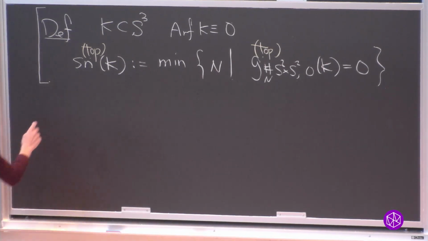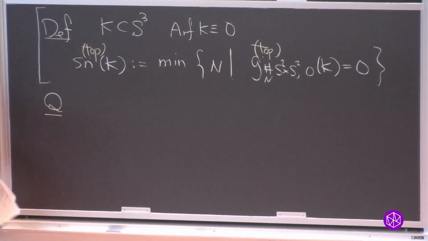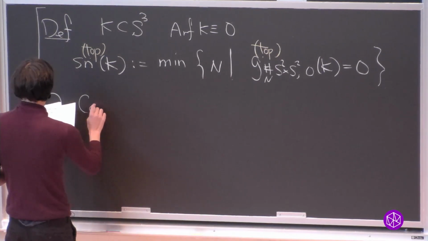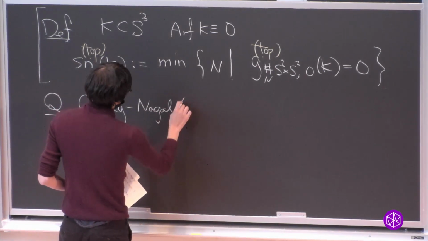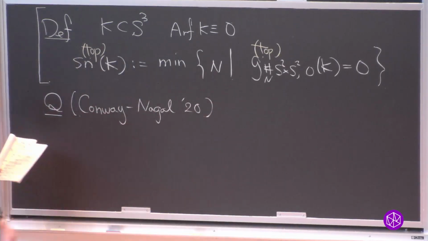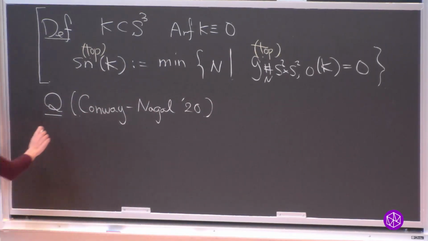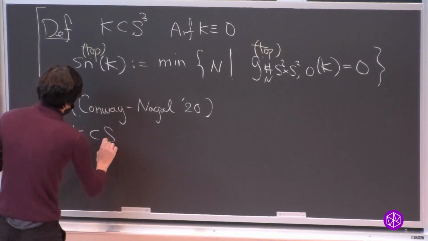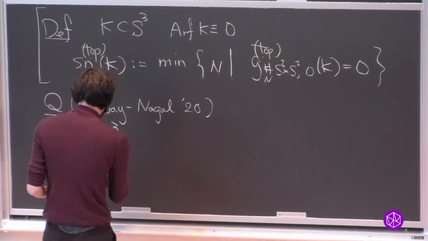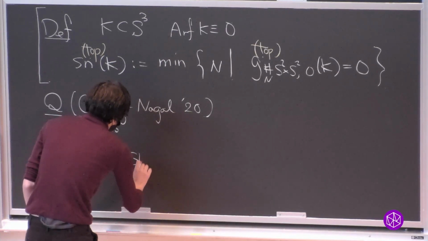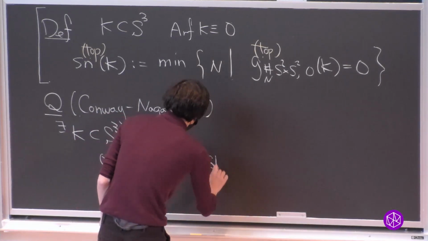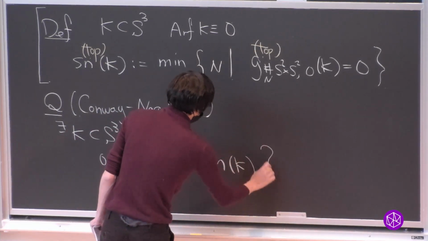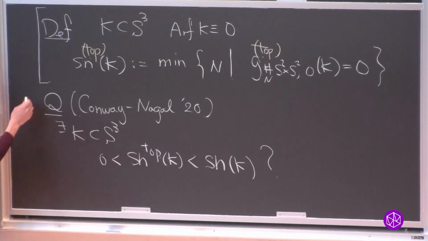The question we focus on today is the following, raised recently by Conway and Nagel. Is there a knot in S^3 whose Arf invariant is 0, such that there is an essential difference between the topological stabilizing number and the smooth stabilizing number?